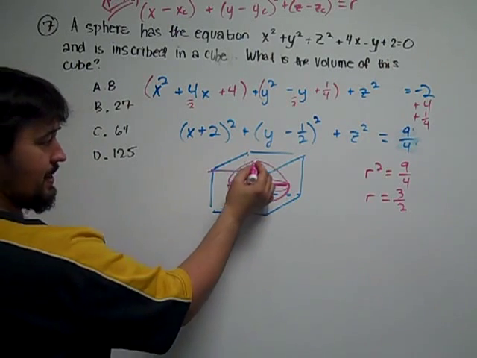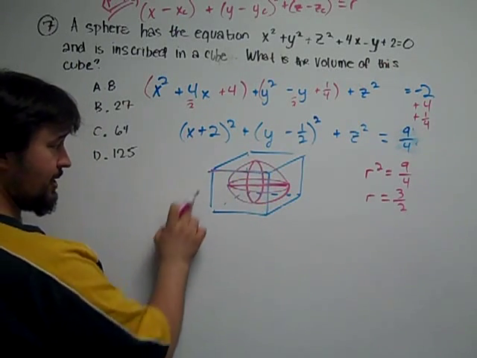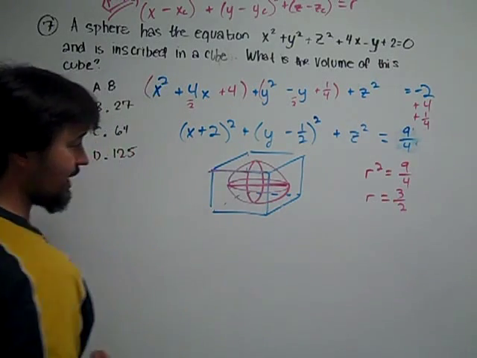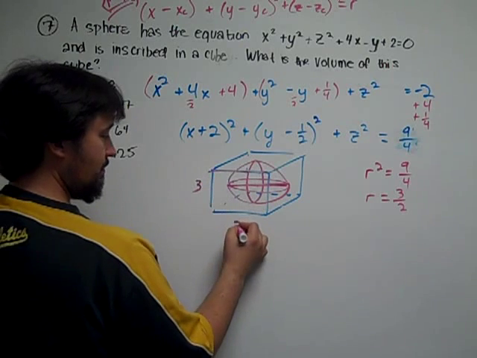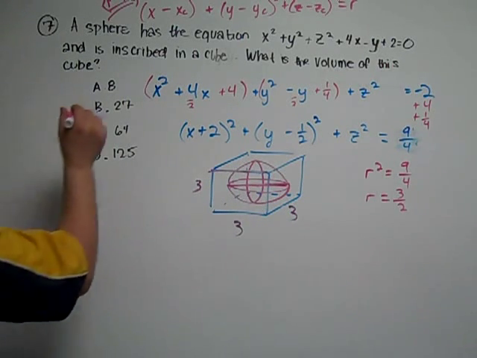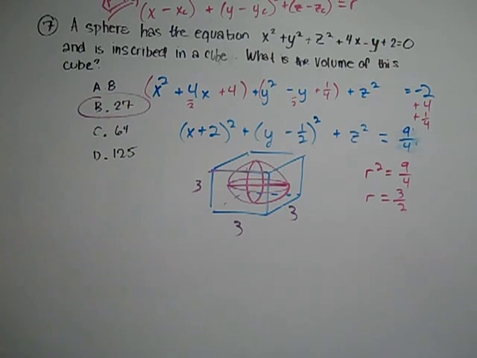You could also do it up and down, where you see that that is twice the radius, as is that. So, since the radius is 3/2, the full diameter would be 3, and it's 3 by 3 by 3. 3 cubed, 27. See you later.